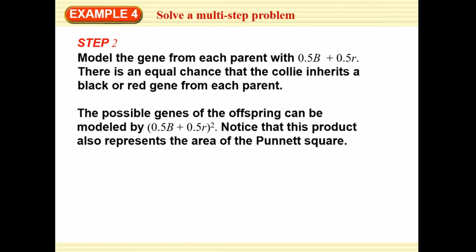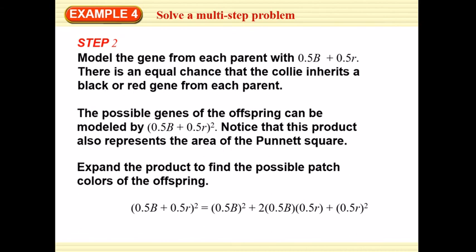Alright, so I am multiplying here. I take one parent and I multiply it by the other parent. And this is going to fall into one of the special patterns that we talked about at the very beginning of this video: a binomial squared. And if I work it all the way through, I should get 0.5 times 0.5. If I were to write that as a fraction, it's 1/2 squared, or 1/2 times 1/2.